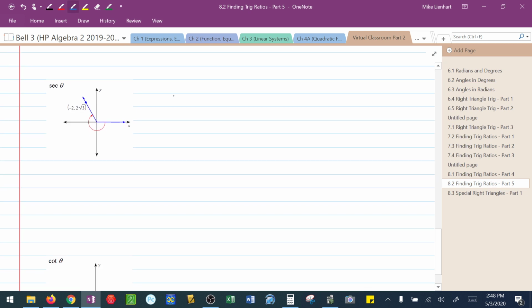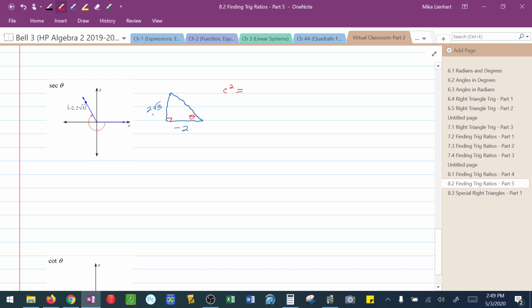How about the secant? So let's see here. I've got a right triangle. There's my theta. There's my right angle. I know that the x value is negative 2. The y value is 2 square root of 3. For secant, I am going to need to know the hypotenuse here. So c squared equals 2 radical 3 squared.